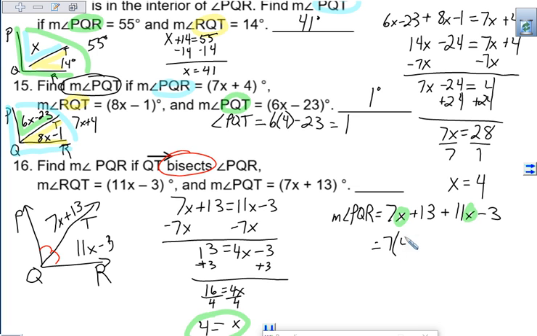So 7 times 4 plus 13 plus 11 times 4 minus 3. And we get 81 degrees for the measure of our angle.